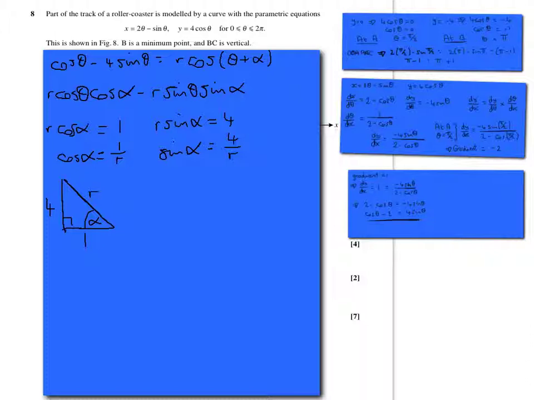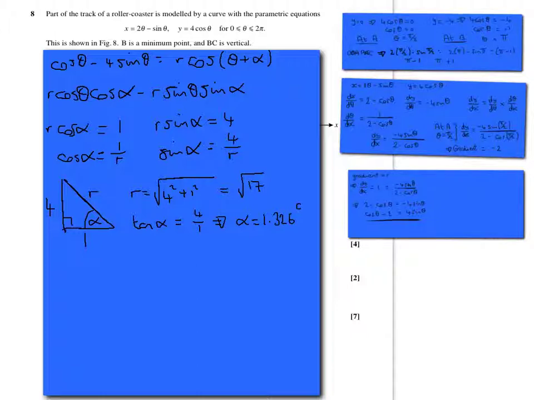Now, using Pythagoras, r is equal to the square root of 4 squared plus 1 squared. So r is equal to the square root of 17. Taking the tan of alpha to be equal to 4 over 1, this gives us alpha to be equal to 1.326 radians.